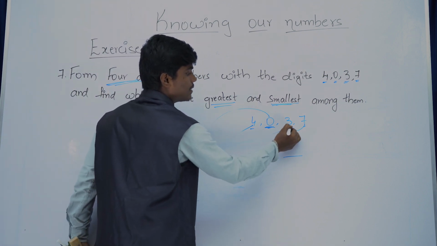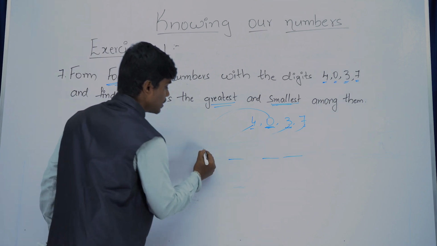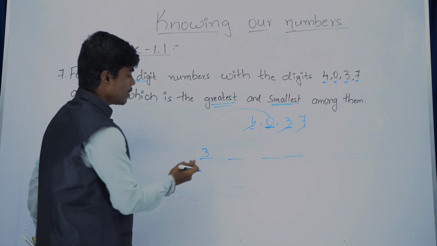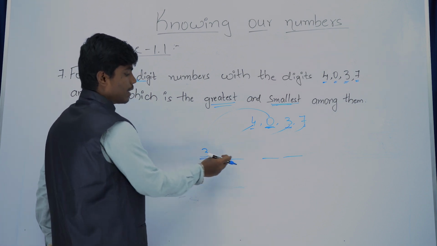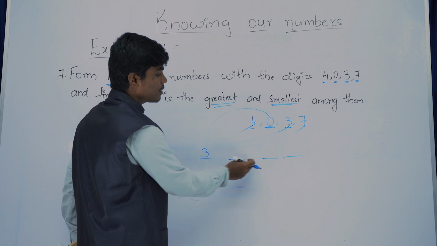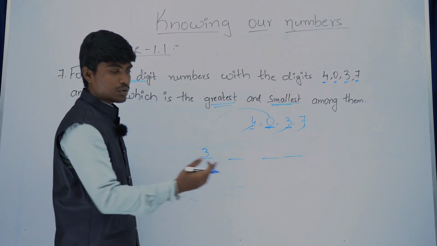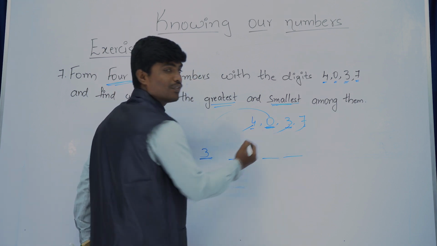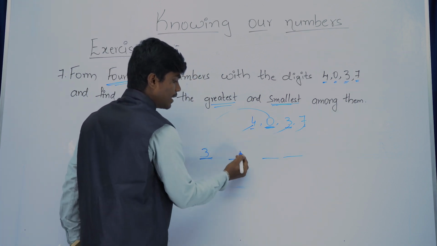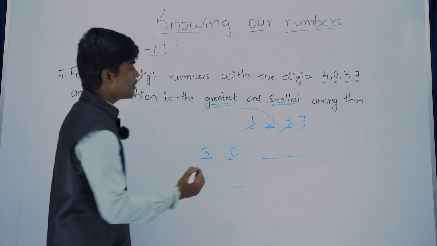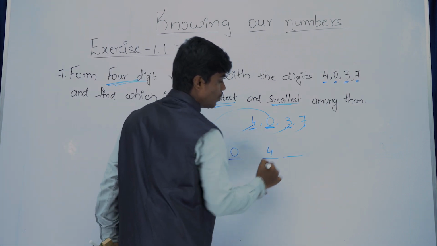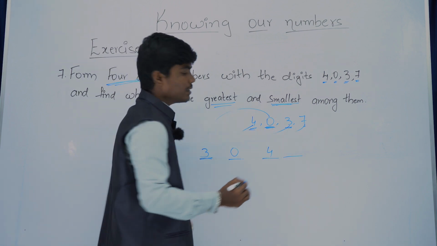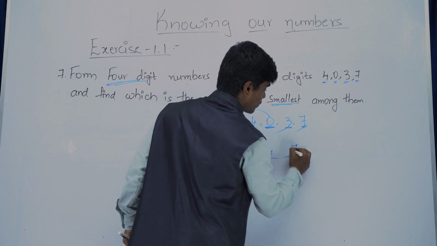So 3 is the second smallest value, so start the number with 3. In the smallest number, the first digit should be the smallest, the second the second smallest, the third the third smallest, and so on. So here 3, then 0, then the third smallest which is 4, and the greatest digit among these is 7.